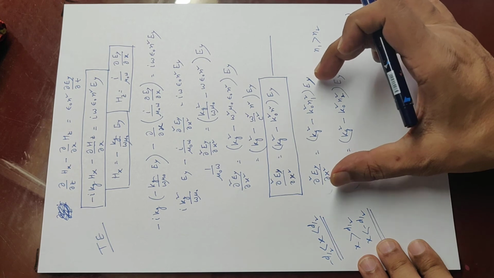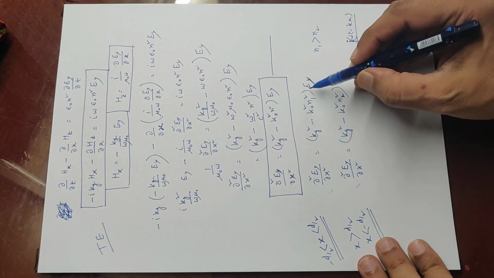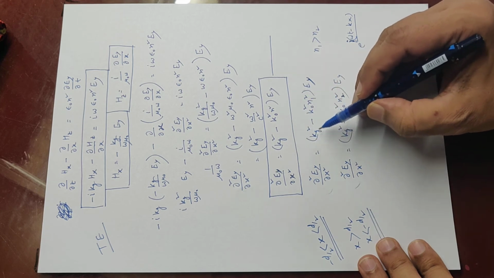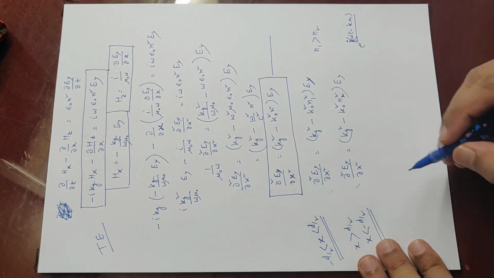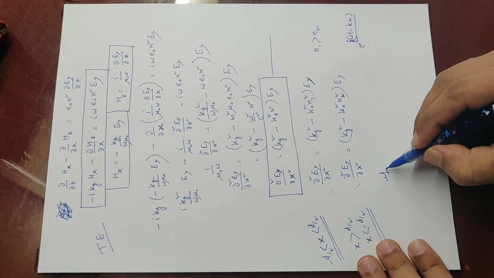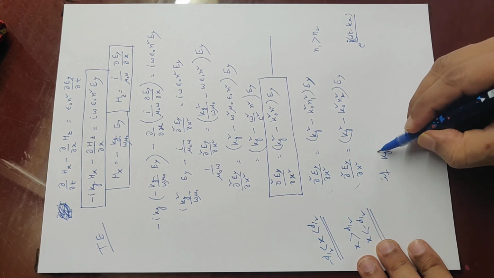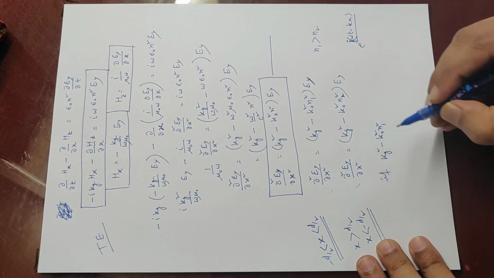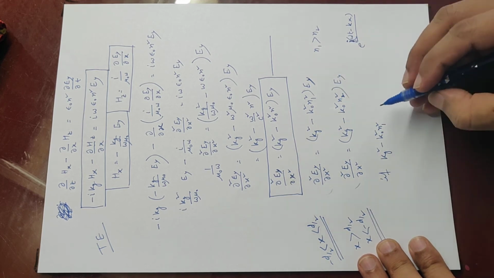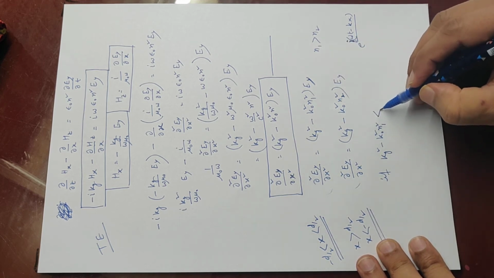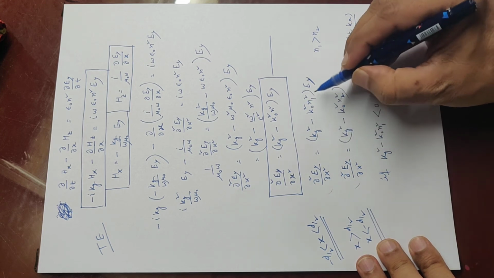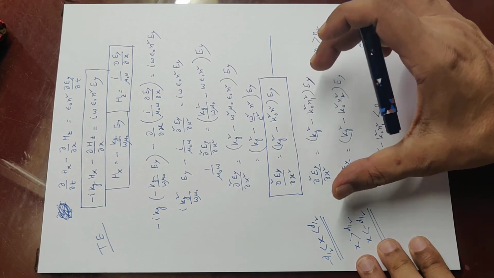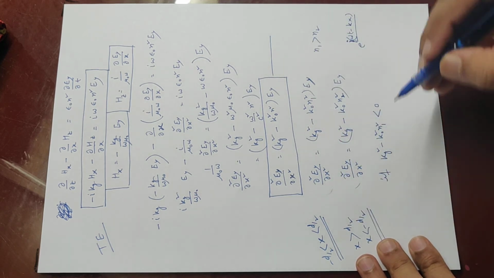Let us say that this quantity, kg square minus k naught square n1 square, happens to be negative, less than 0. Then only will the whole thing have a wave-like solution.